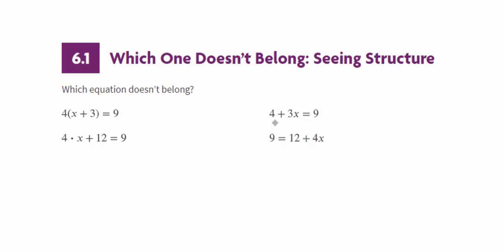That's all I can see. This one here has a 4 plus a 3x, and I don't see a 4 plus 3x on any of these other ones. So I guess you could say there's something about each one of these that makes it different.